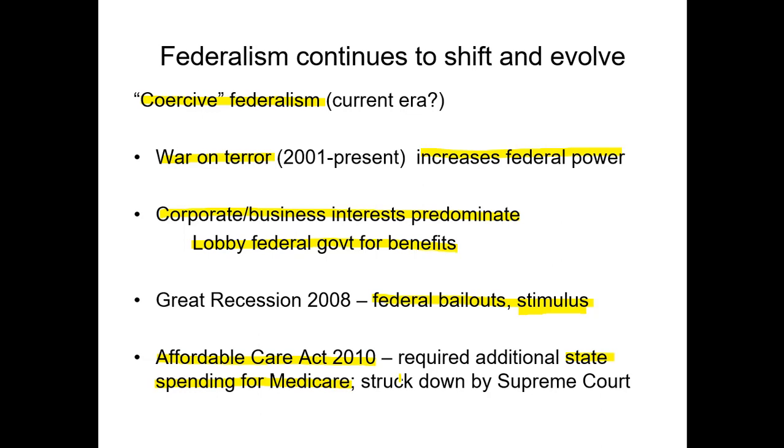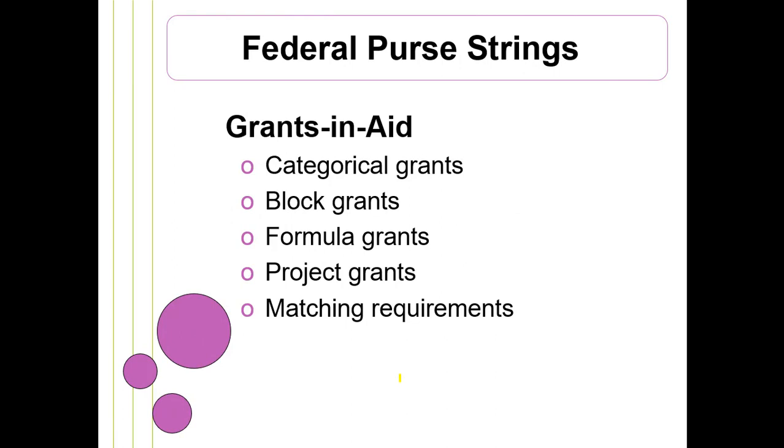So you could argue we're in somewhat of an interesting era right now, particularly under the current Trump administration. He will advocate for federal power on things like immigration, giving states more power to handle things like gun control. So, kind of a mixed bag. We'll talk about more and more examples as we go.